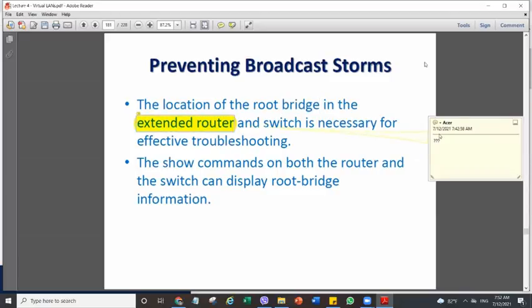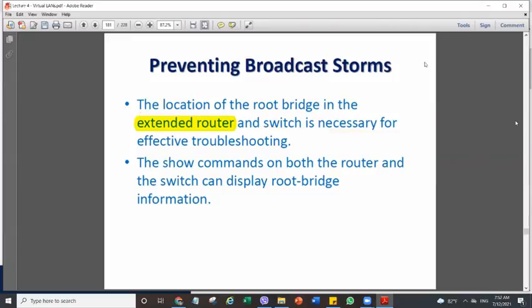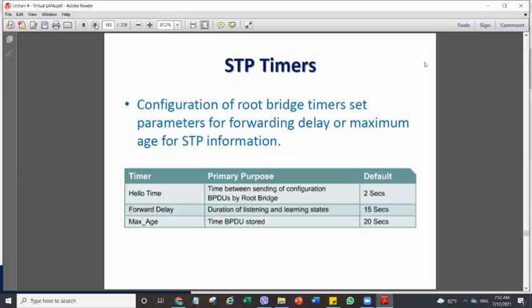Hope you understood that. That means spanning tree just recommends using the router interface as a root bridge because of the layer 2 involvement.